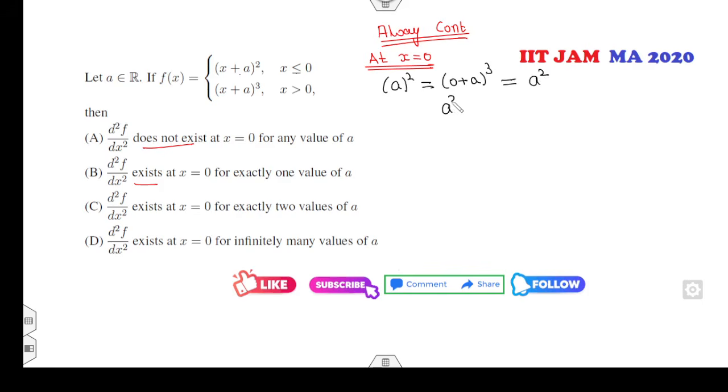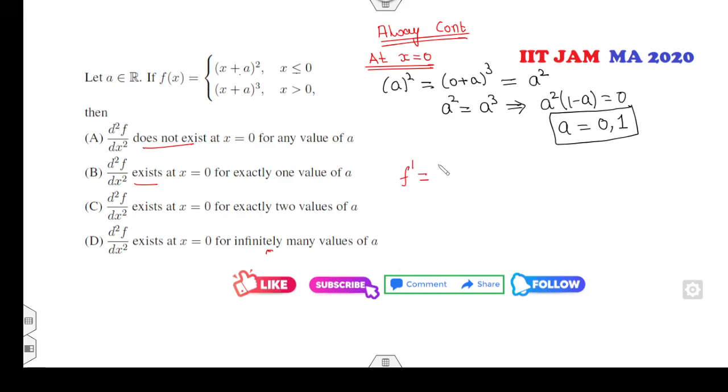So that means a squared equals a cubed. That implies a squared times (1 minus a) is equal to 0. A has two values, either 0 or 1. Fine. So infinitely many values, exactly one value, and so on.